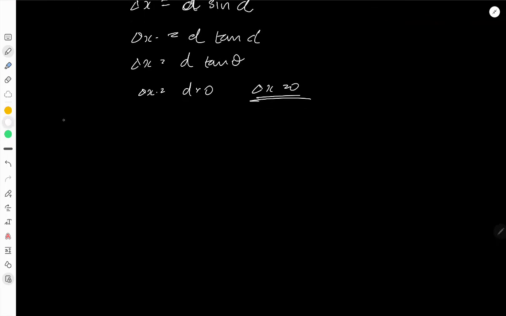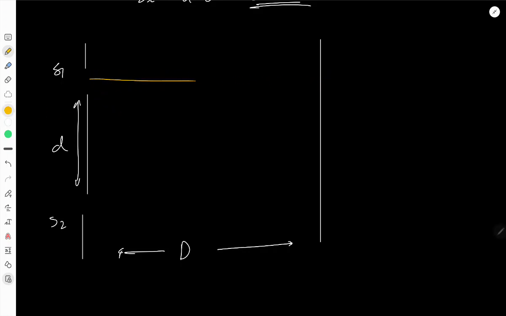So now let us take a general case wherein the wave has traveled to a random point. So let this be d, this is S2, this is capital D, and now let us take this wave coming over this point.